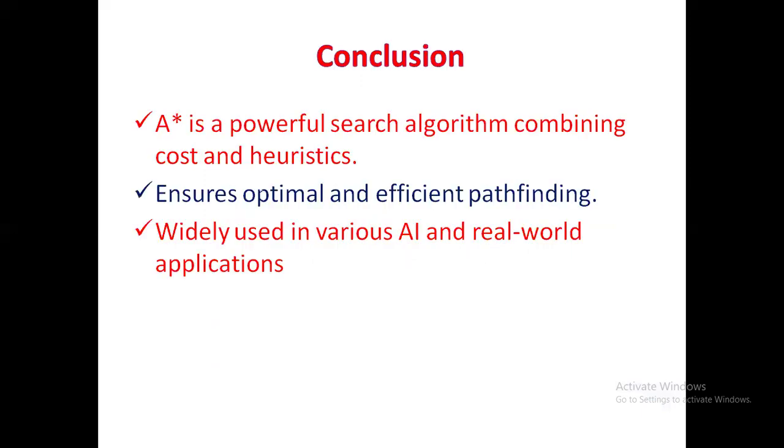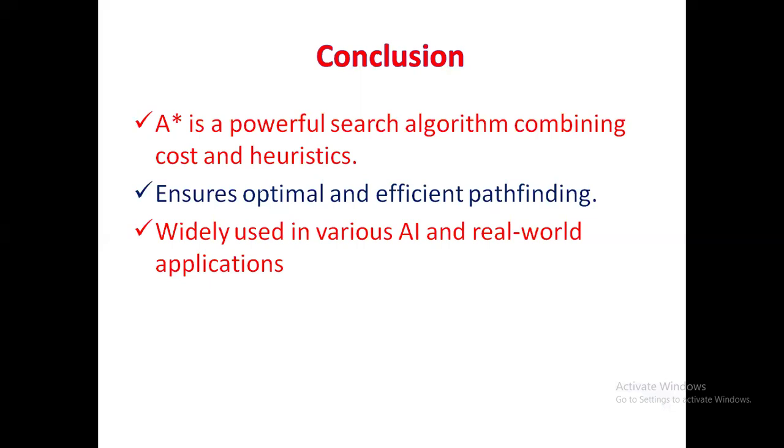And coming to the conclusion, the summary: A star is a powerful and widely used search algorithm that efficiently balances actual cost and heuristic estimates. By intelligently navigating search spaces, it ensures optimal and efficient pathfinding. It is extensively used in AI, robotics, and gaming, demonstrating its practical significance in real-world applications.